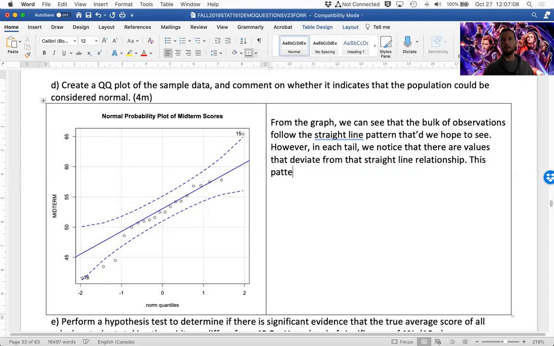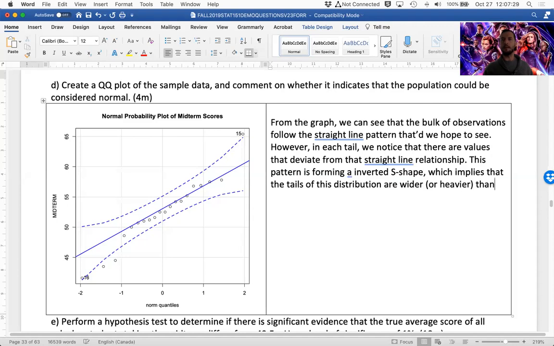This pattern is forming a kind of inverted S shape, which implies that the tails of this distribution are wider or heavier than the tails of the normal distribution.